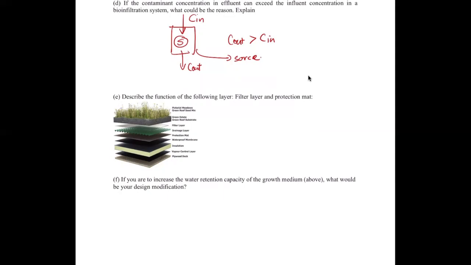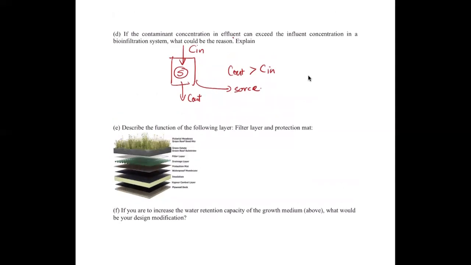Usually any treatment system or filter should remove pollutant. If it doesn't remove, then your influent concentration should equal the effluent concentration because nothing is removed. It should not exceed unless there is something in the filter media itself that is releasing pollutant that's not there in the stormwater to begin with. In that case, your treatment system is a source of pollutant.